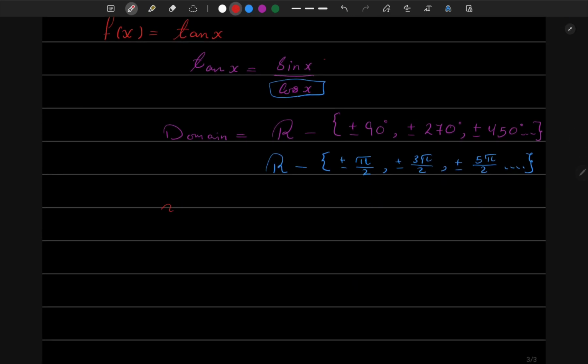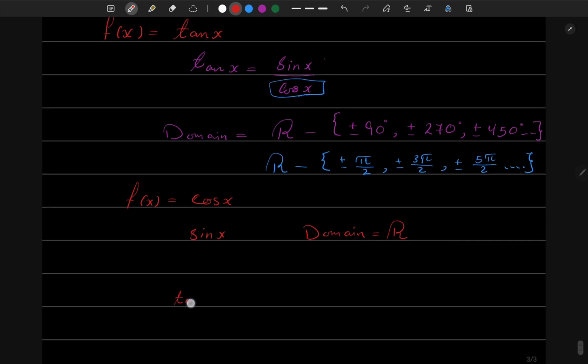What if f of x equals cosine x itself? Now, if it equals cosine x or sine x, there is no problem. The domain is just all of R, because any value for cosine x and sine x is acceptable.